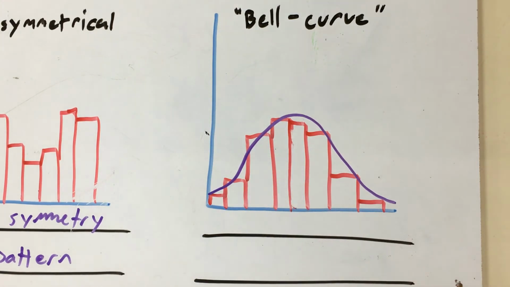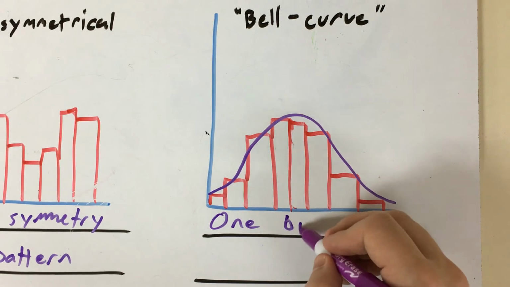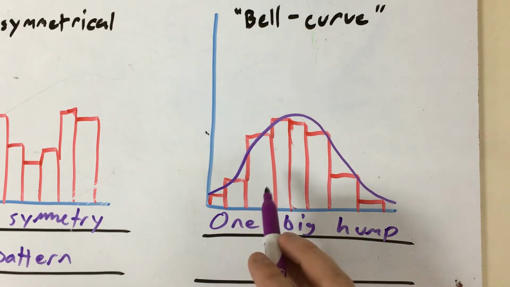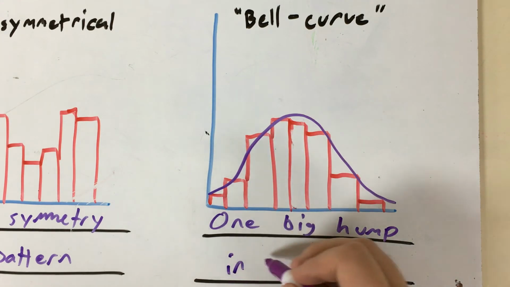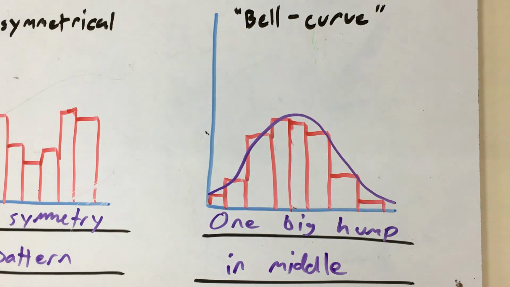I just started by drawing it with bars instead of anything else. And with a bell curve, essentially you just have one very large hump in the middle of your data. That's the basic idea of a bell curve. That's the basic idea of those 6 distributions.